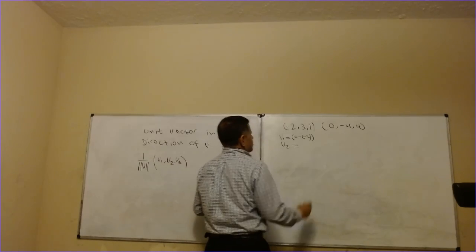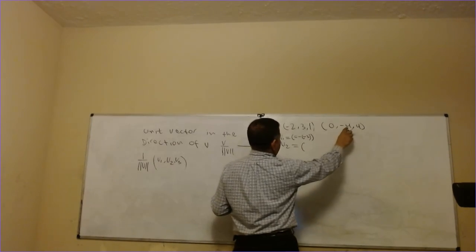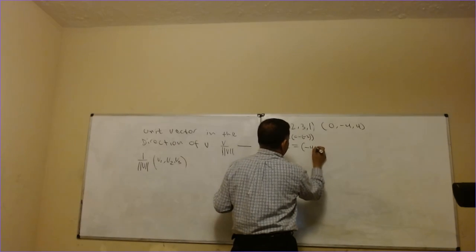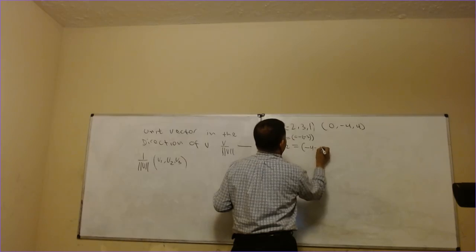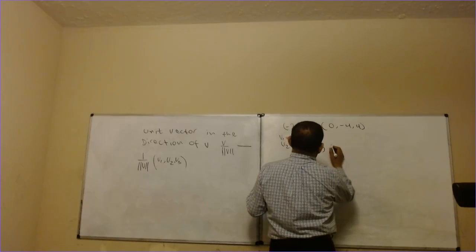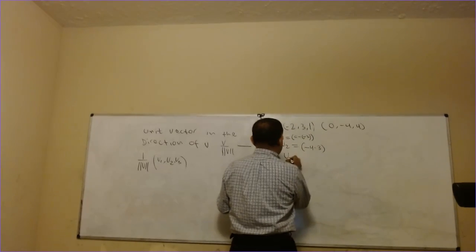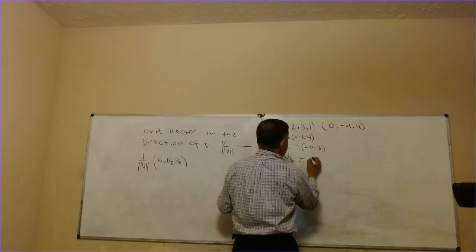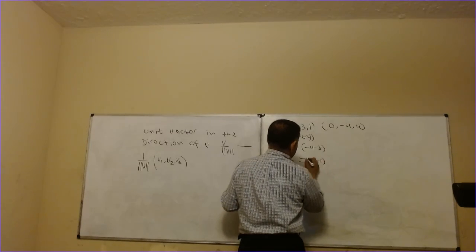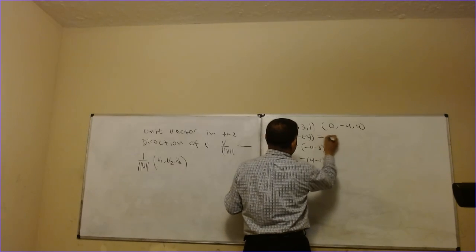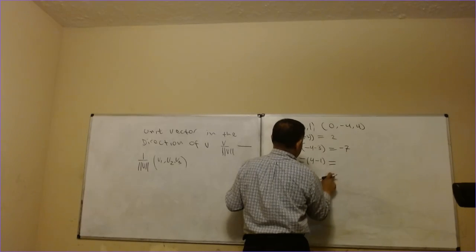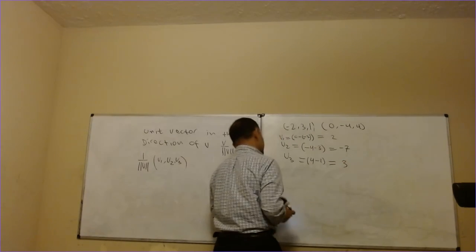V2 is going to be this -4 minus 3. Then V3 is equal to this 4 minus 1. So this right here is 2, this right here is -7, and this right here is just 3.